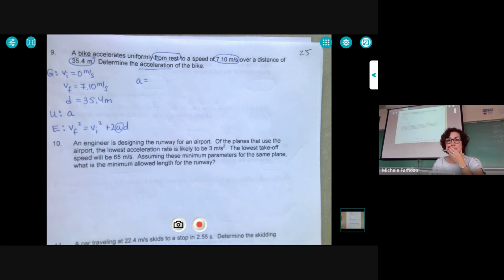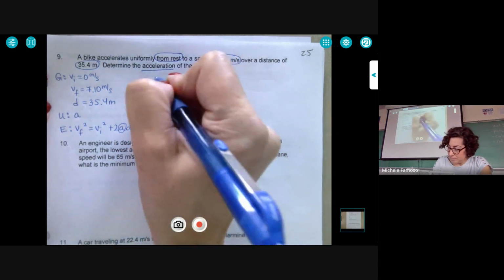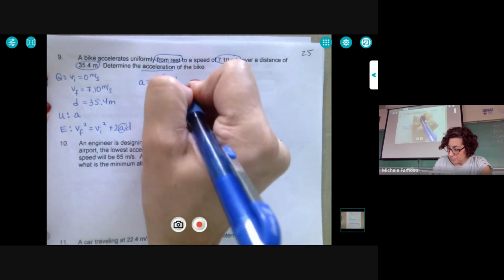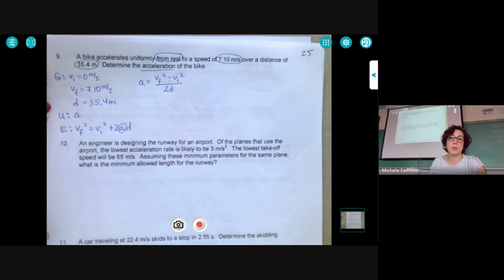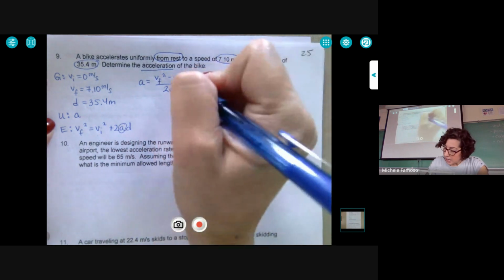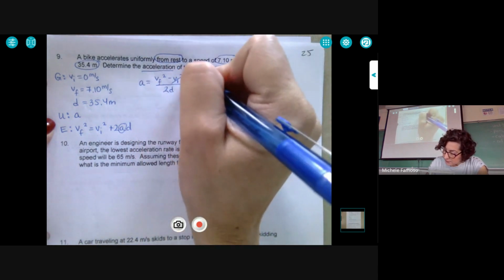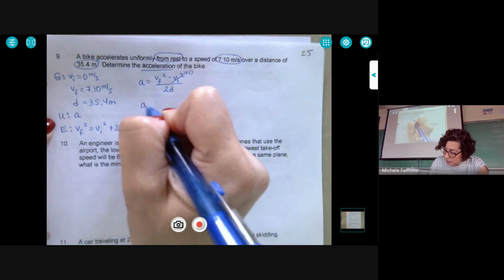You just drop out the VI. You can drop out the VI as well. I'm going to drop it out after I do the manipulation though. So Olivia, what did we get for A? Yes, because not every problem the VI is going to be 0. So I just want to make sure we can move that around. And Josh is right. That VI is going to drop out. So I'm going to ignore it.